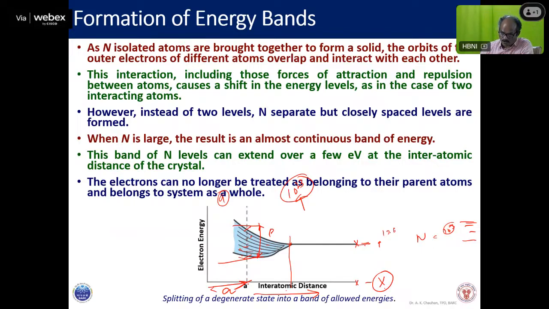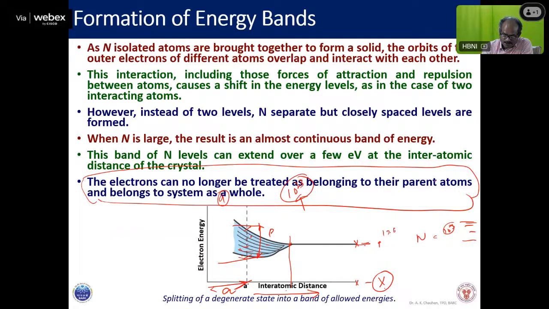And this is another very important concept. You should always remember this. The electrons can no longer be treated as belonging to their parent atom. I was having this atom X, which has one electron. Now I have brought all 10 to the power 23, or n, electrons together and formed a system.